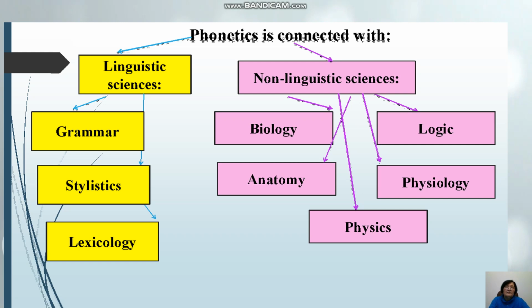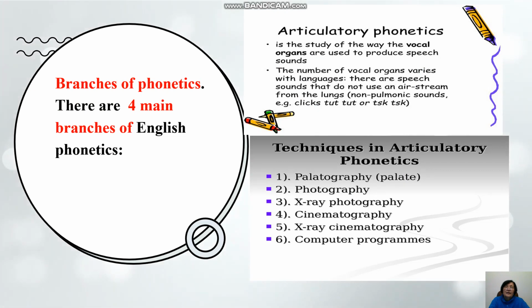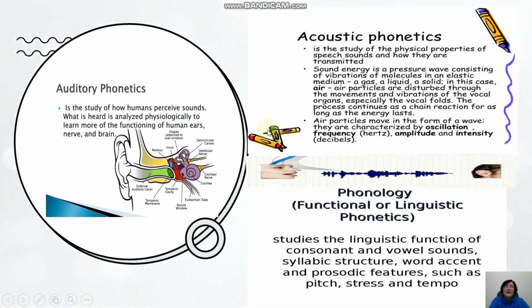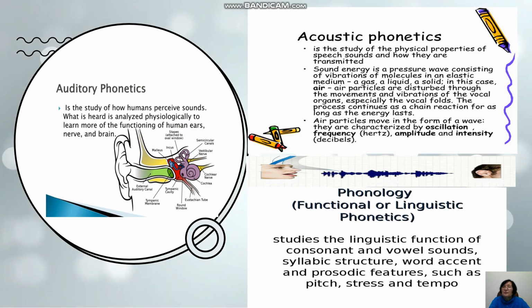Non-linguistic sciences: biology, logic, anatomy, physiology, and physics. Also, you should remember that there are 4 main branches of English phonetics: articulatory phonetics, auditory phonetics, which is the study of how humans perceive sounds, acoustic phonetics, phonology, functional or linguistic phonetics.